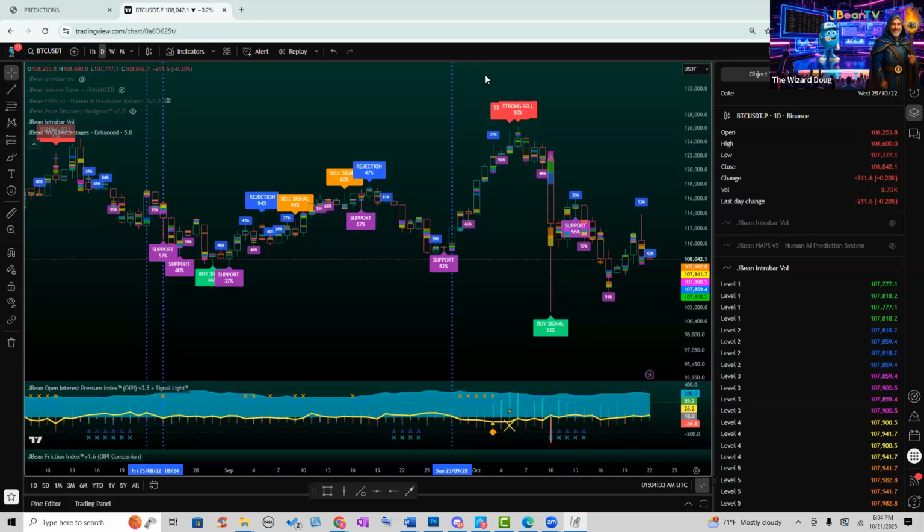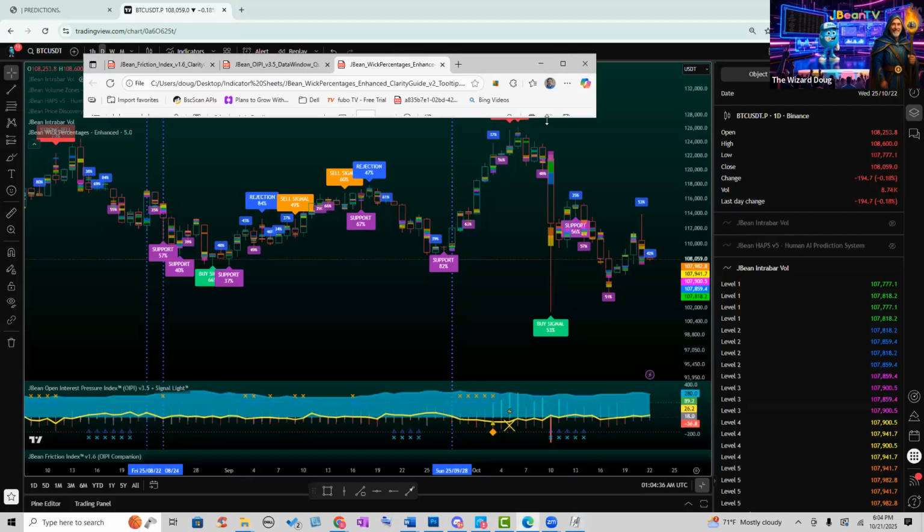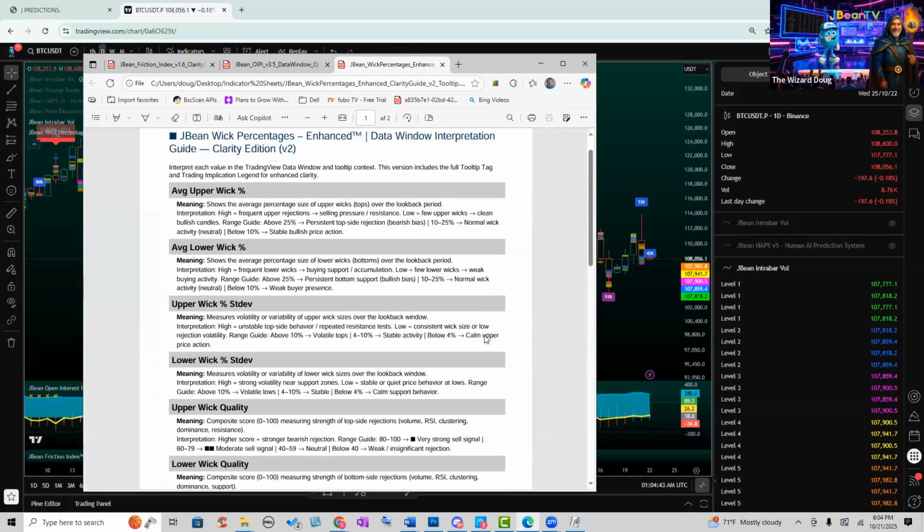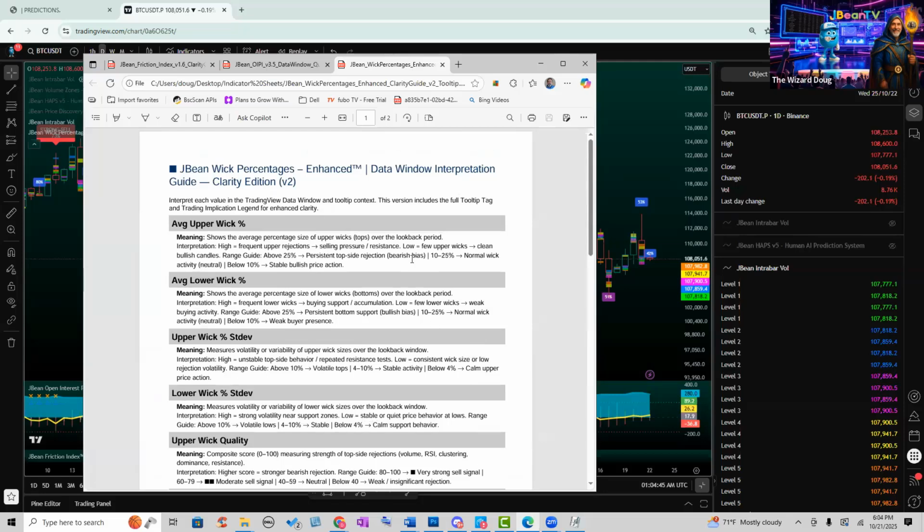All right, one of the things I also built, and there's going to be another document page inside Discord, is for PDFs. I created a PDF for three of these indicators that we're going to be talking about, the Wick Percentages, and it's kind of like a cheat sheet for you.